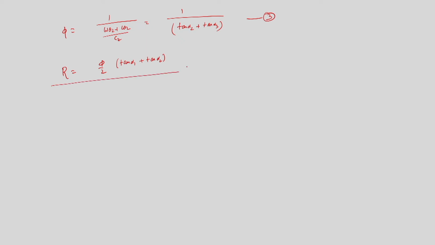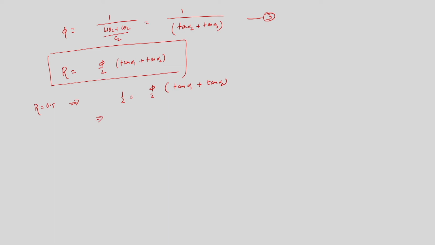Now we will discuss different cases, considering how the magnitude of R changes, say 0.5, 1, 0. Taking the special case R equal to 0.5, half is equal to phi by 2 into tan alpha 1 plus tan alpha 2.